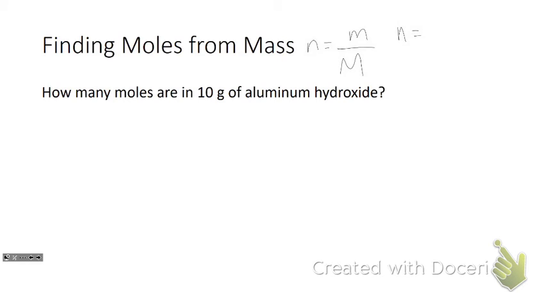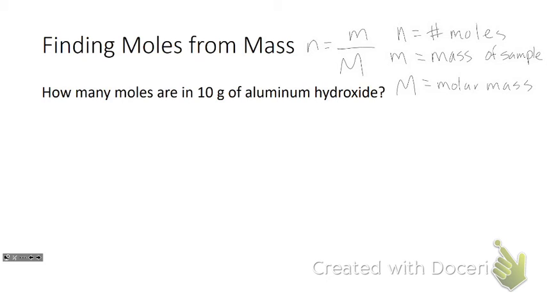Number of moles. Little m, mass. Mass of what? The compound, or yeah, mass of the sample, right? Mass of the compound. Mass of sample. And big M is molar mass.